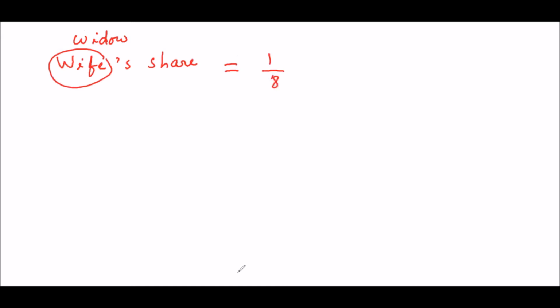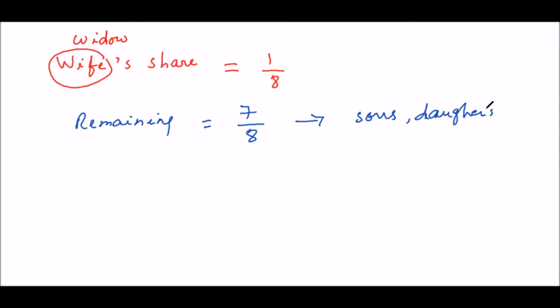It means if there are 8 shares, she will get 1 out of 8. And the remaining property, that is 7 by 8, 7 parts out of 8 will go to the sons and daughters. Now again, if a son gets 2 rupees, then a daughter will get 1 rupee.